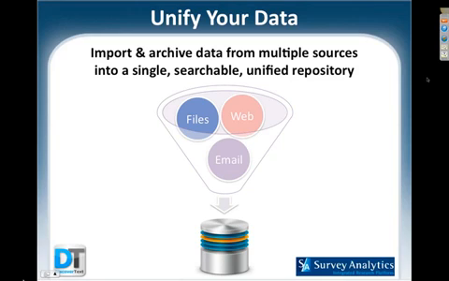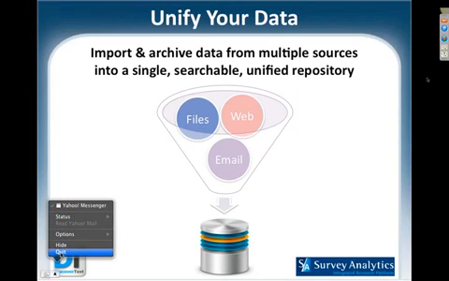You may have spreadsheets from survey analytics with all sorts of useful structured, semi-structured, and unstructured data, but you may also have data off the web, such as blogs or Facebook, and you may have email repositories and a whole range of data types that traditionally people think of as being associated with a particular application. So part of what we're doing is trying to break data away from applications, flatten it out, and create a unified repository for it.